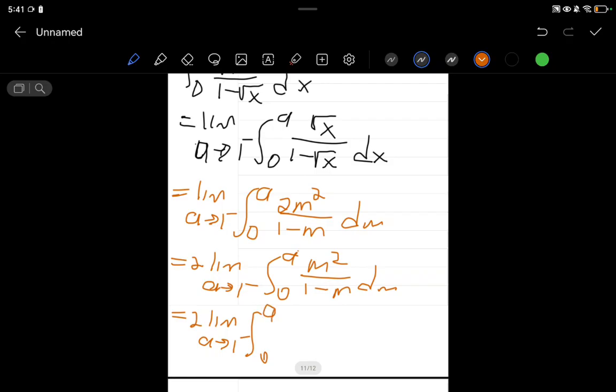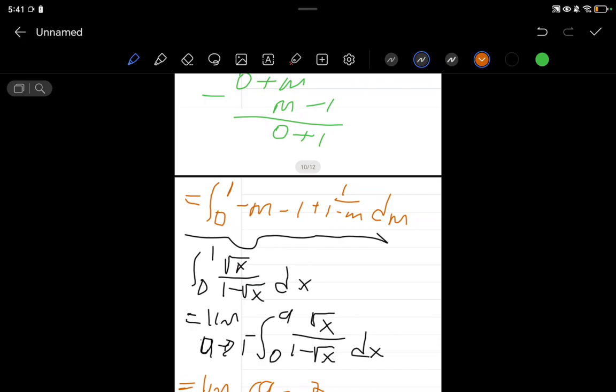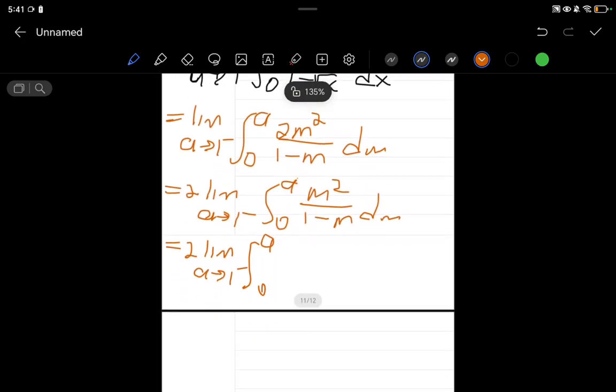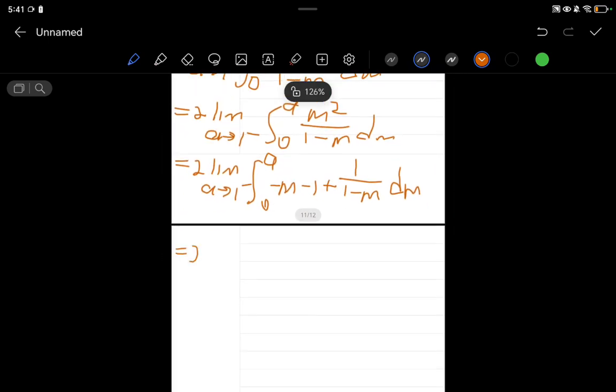Then that limit was minus m minus 1 plus 1 over 1 minus m, into dm. So let me just put this together so that I don't make mistakes. I'll just do them like this. If I integrate minus m, I'll get what?